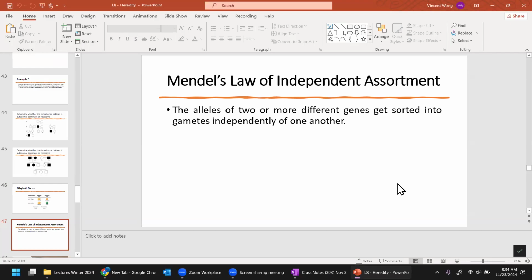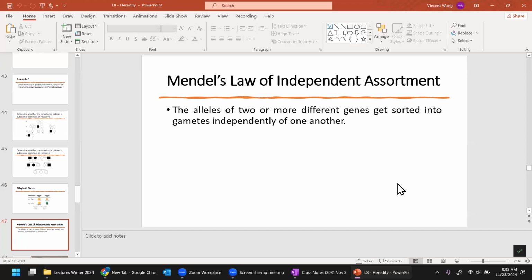The gamete will either have big A or small a. That's law of segregation. The second law is the law of independent assortment. Whether you get big A or small a in a gamete will not affect whether you get big B or small b in the same gamete.